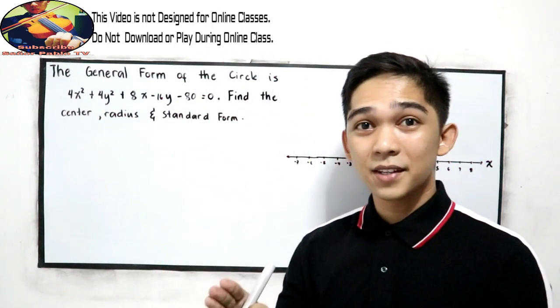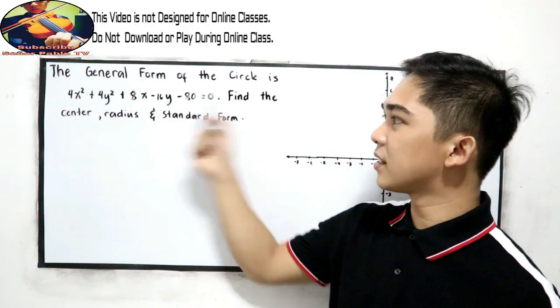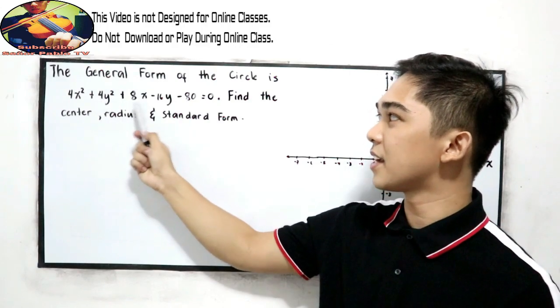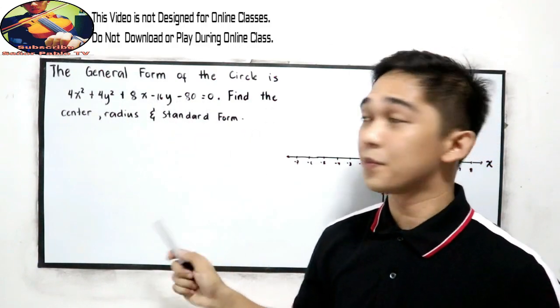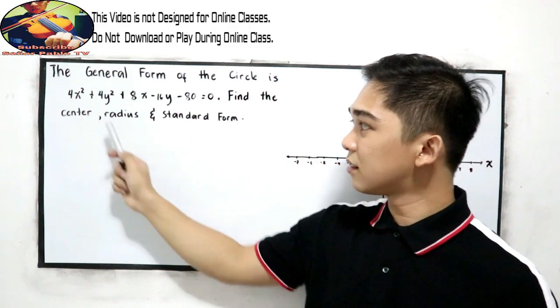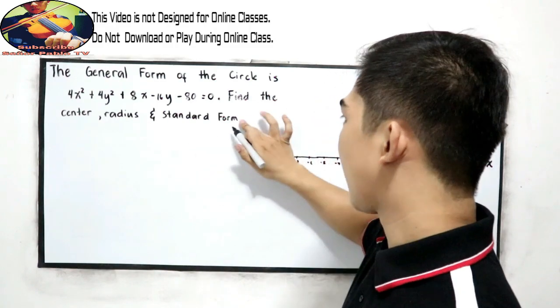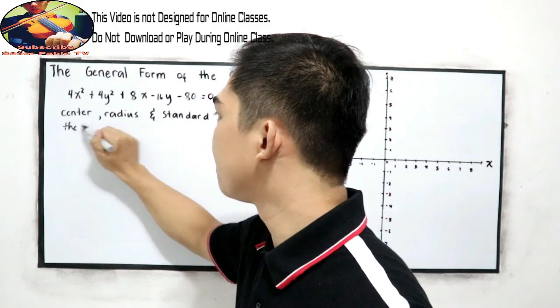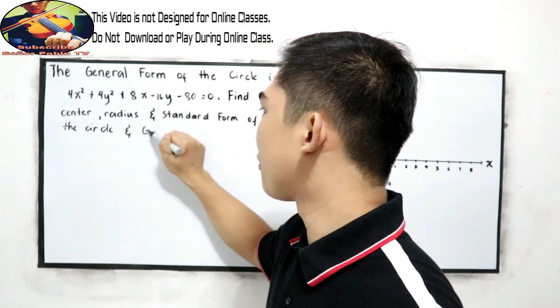Now, the problem is, the general form of the circle is 4x squared plus 4y squared plus 8x minus 16y minus 80 is equal to 0. Find the center, radius, and standard form of the circle and graph.